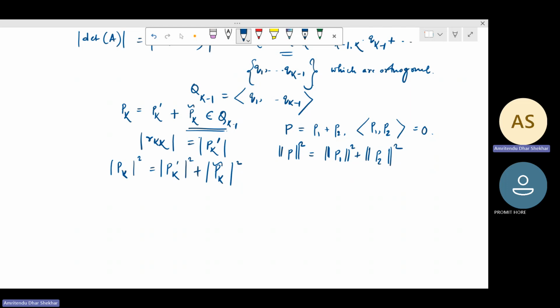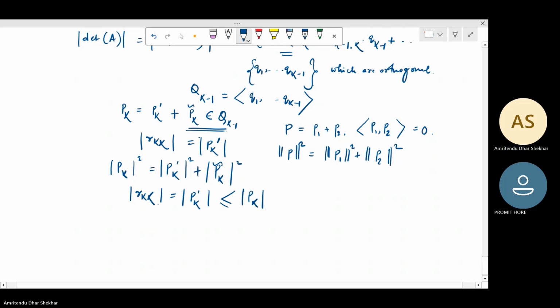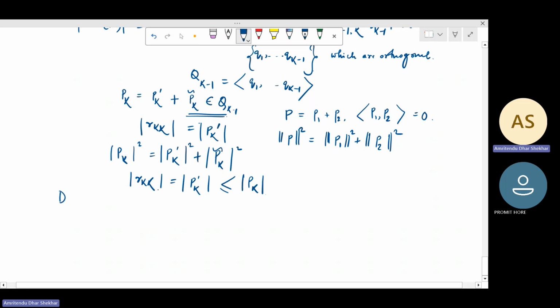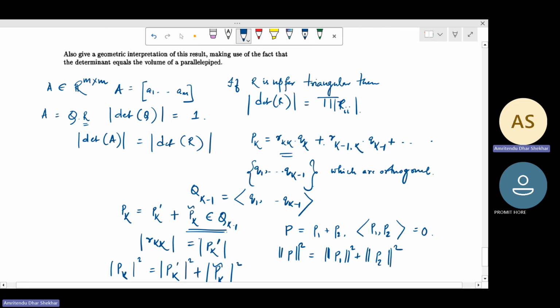The diagonal element rkk, its norm is equal to the norm of pk prime. So from what we get here, rkk mod is equal to pk prime mod, and that is less than or equal to pk mod. Now what is the determinant of A?